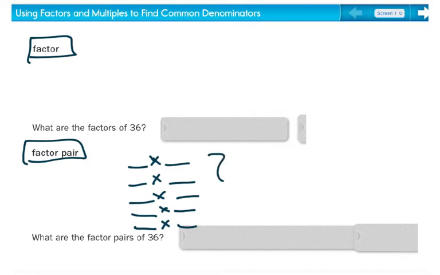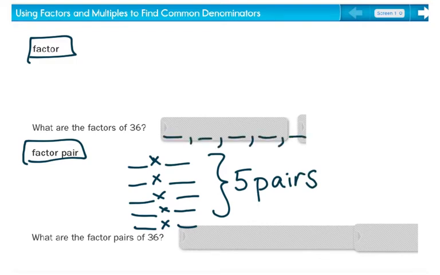There are 5 pairs. So that means you should have 1, 2, 3, 4, 5, 6, 7, 8, 9, 10 factors. I'll give you the first one. 1 times 36. Remember, it's an even number, so 2 will be a factor. Would you please write out the factors and factor pairs of 36?